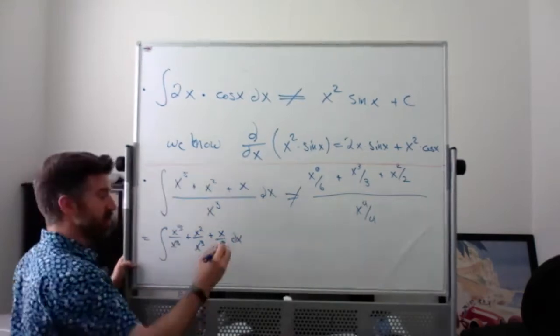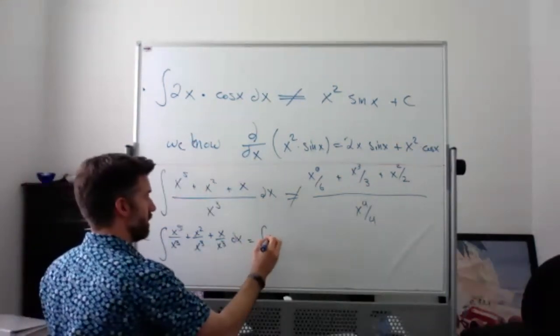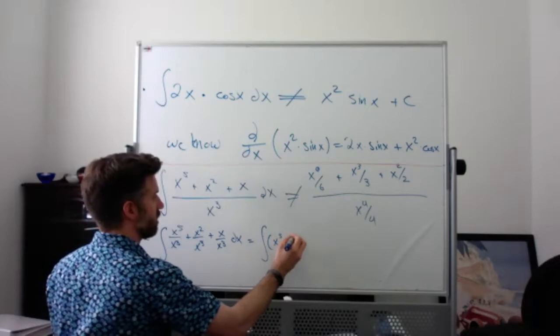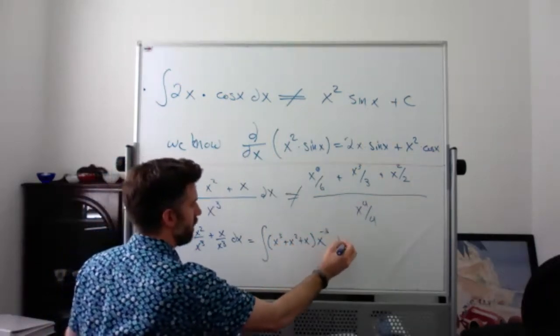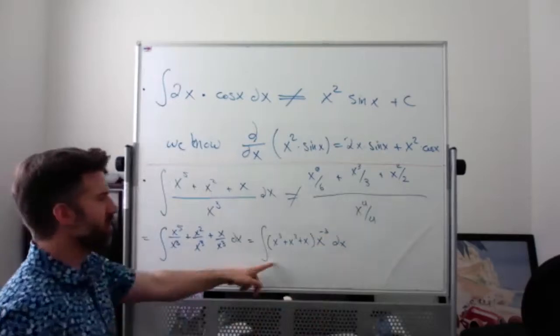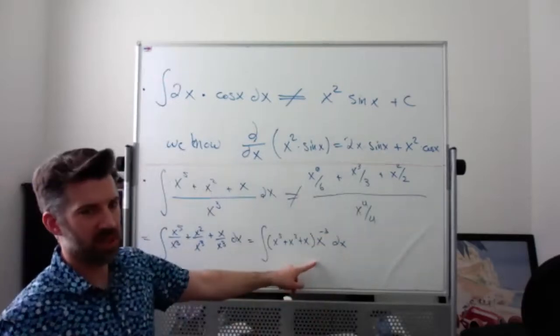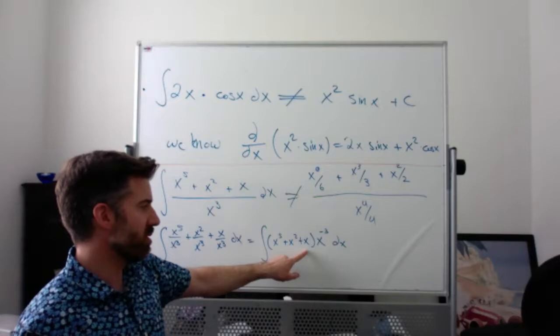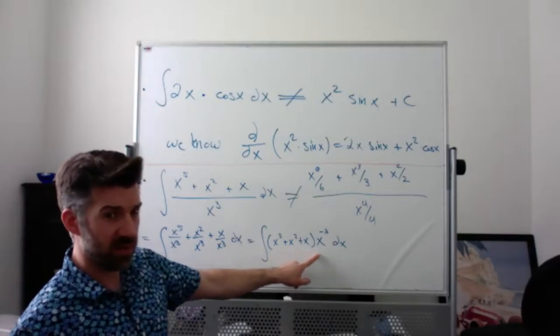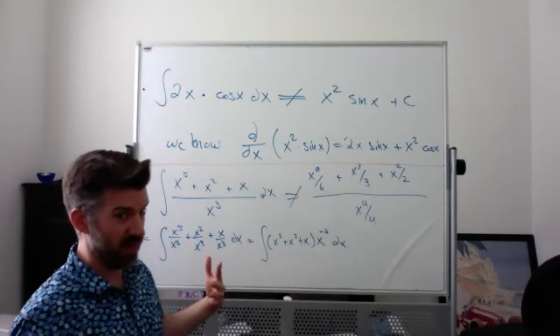Other people prefer to do this. It's x to the 5th plus x squared plus x all times x to the negative 3rd. Be careful if you do it this way. I've definitely seen people somehow magically turn this into x to the 5th plus x squared plus x cubed plus x to the negative 3rd and forget to distribute that, but you have to distribute it.